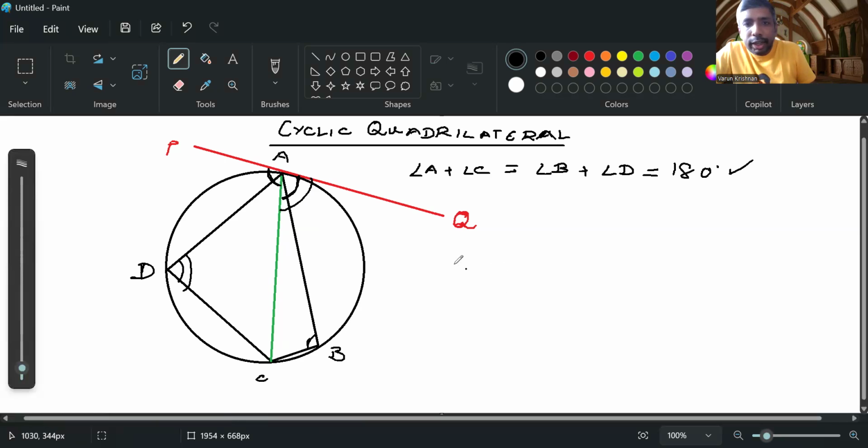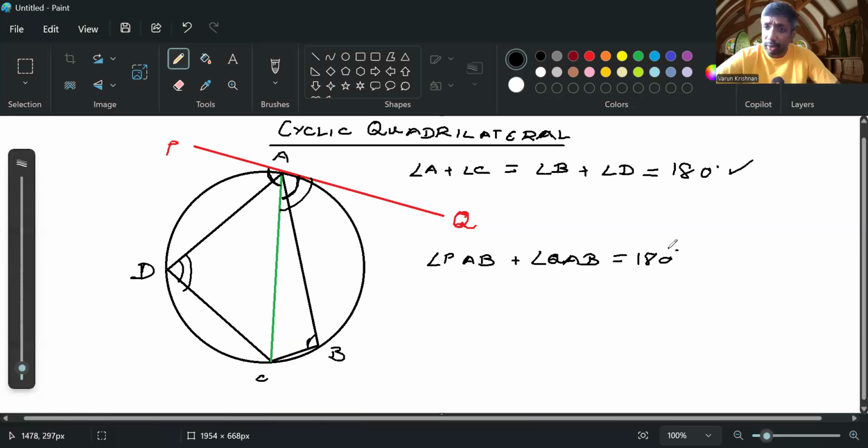Now, clearly angle PAC plus angle QAC is equal to 180 degrees because together they are forming a straight angle.